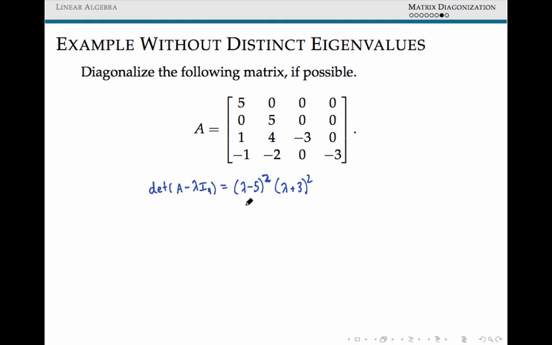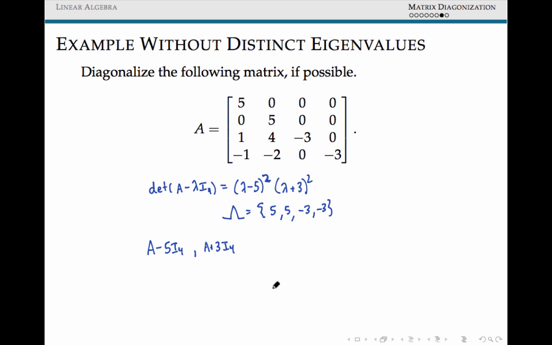So our set of eigenvalues for this matrix are 5 with multiplicity 2 and negative 3 with multiplicity 2. With these in hand, we could go through and quickly compute our eigenspaces by row reducing the matrix A minus 5 I4 and A plus 3 I4. Looking at those, let's see how we can do this in MATLAB.